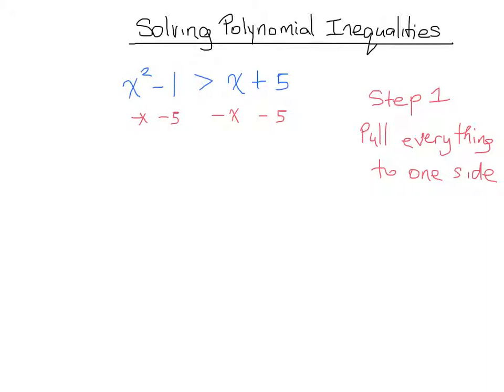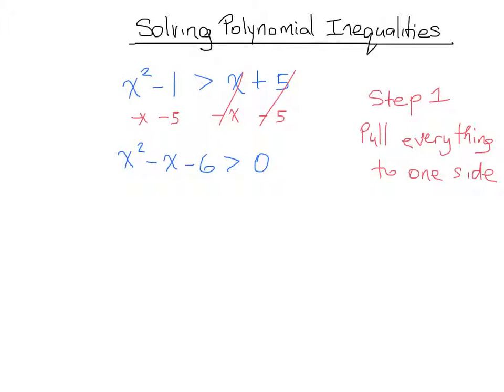So on the right side, we get that x squared minus x, negative 1 minus 5 is negative 6, is greater than, and that cancels, which is what we wanted, greater than 0. Okay, cool. So now we have an inequality that is greater than 0.